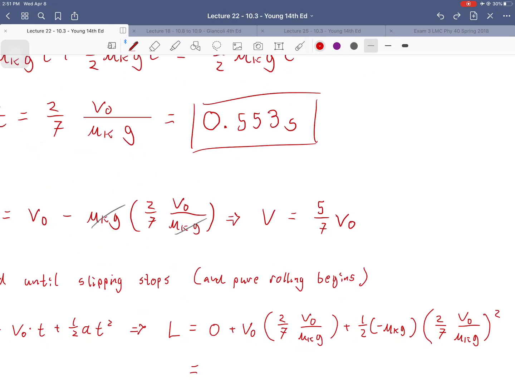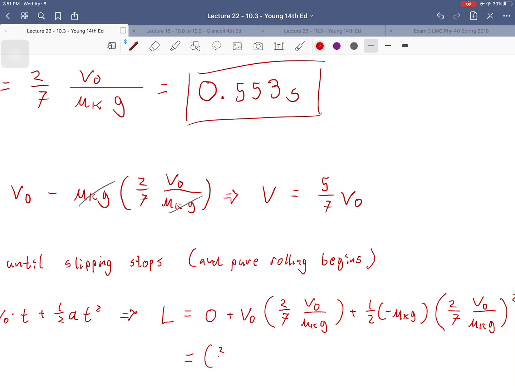So essentially this is going to be 2/7 minus, I'll write this in parentheses so you can see my reasoning, 1/2 times 2/7 squared. And that's all multiplied by v naught squared over mu kg. If I plug in and get a fraction result for this, I like to leave these as fractions because they work out so nicely.